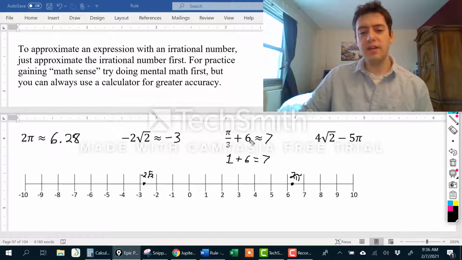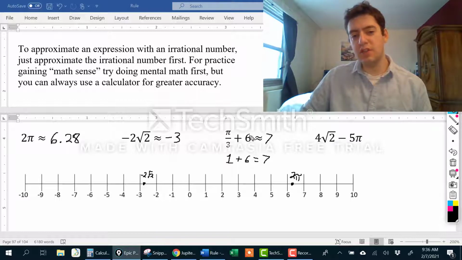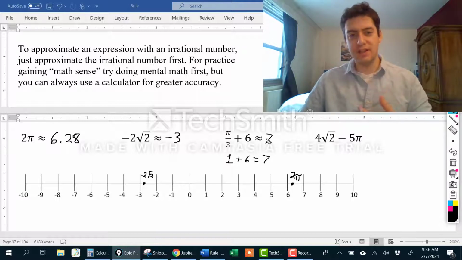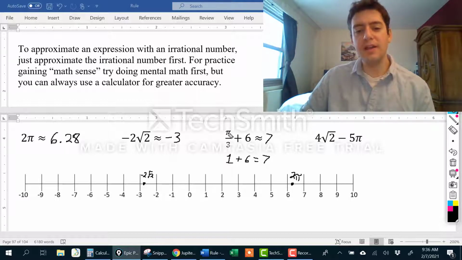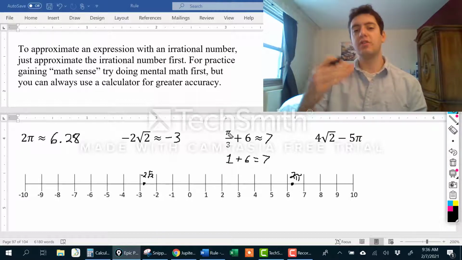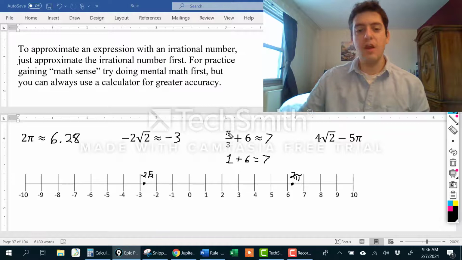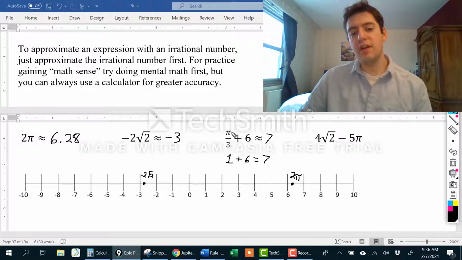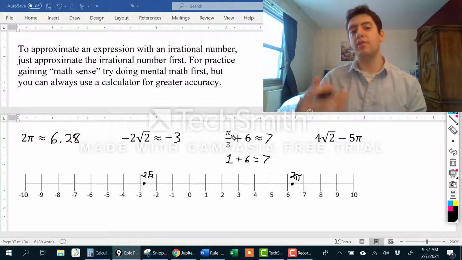Now, is this expression really greater than 7 or is it less than 7? Well, pi is not exactly 3. It's actually a little bit greater than 3, right? So that means that my numerator here is bigger than the denominator, so that pi over 3 is actually a little bit more than 1.